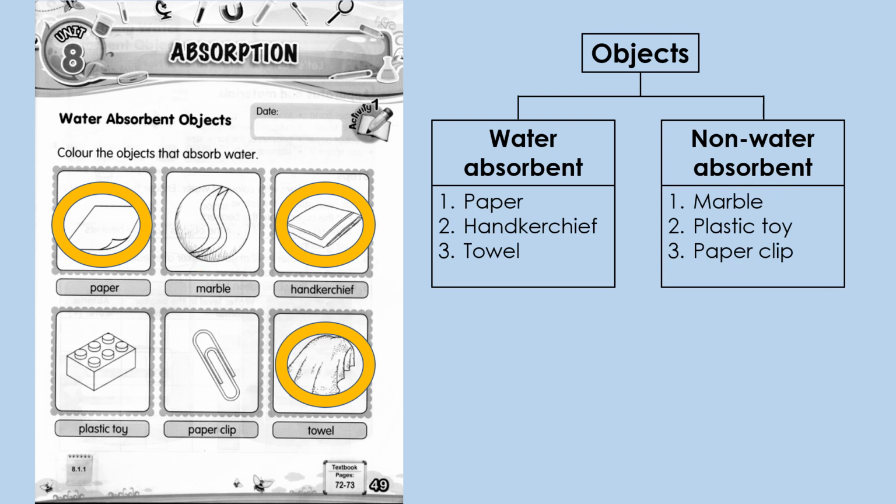Marble, so we write marble here under non-water absorbent. Plastic toy, non-water absorbent, we write here. And paper clip, we write under non-water absorbent. So now we have the classification for water absorbent and non-water absorbent objects.